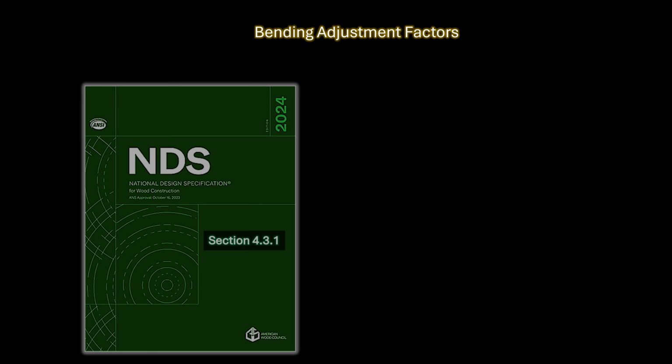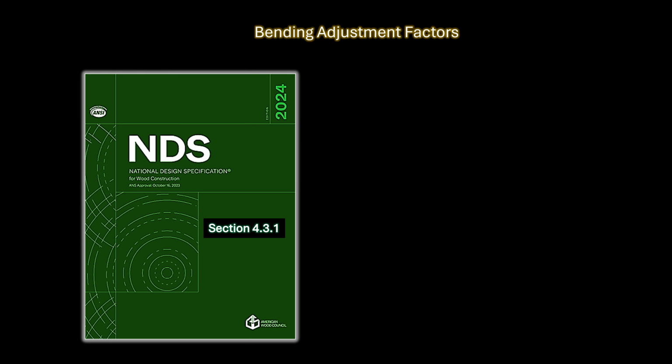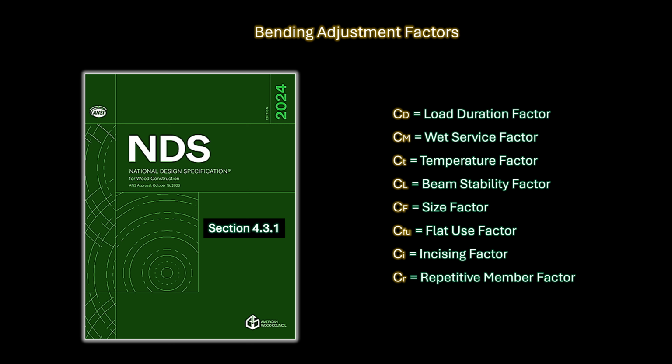Section 4.3.1 requires the reference design values that we have determined to be multiplied by adjustment factors. Adjustment factors are used to modify the reference design values so that the final design value captures the local ambient conditions, loading and framing characteristics, and the specific structural attributes of the lumber element under consideration.